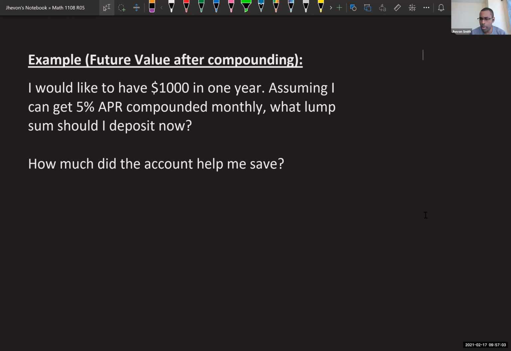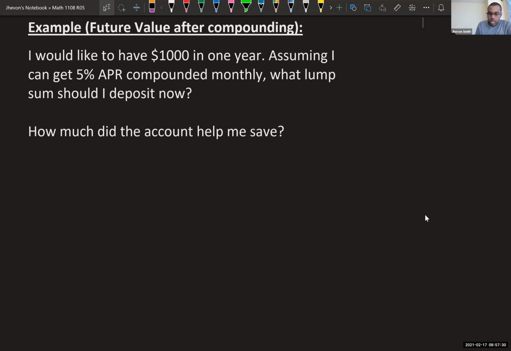Now, of course, remember, compound interest does take a little while to grow. So it's still going to be close to $1,000 that I have to put in order for it to grow to $1,000 in just one measly year. But it's worth going through the exercise of seeing how you'd calculate that. You'll really start to see the benefits farther out than 1 year from now. But let's see 1 year from now.